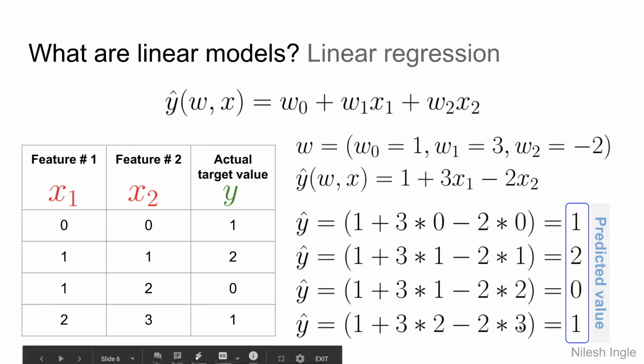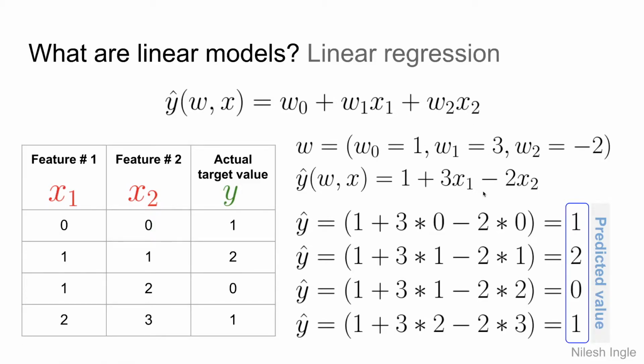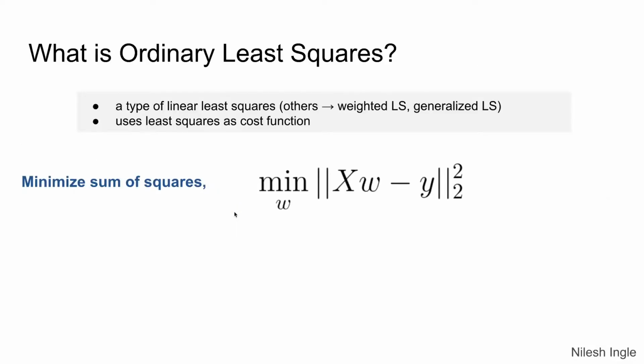In this case, it so happens that these predicted values are exactly the same as actual values because I chose the example in that way. But in reality, that would not happen. What will happen is the predicted value would be a little bit far off from the actual values. And we'll talk more about that in upcoming slides.